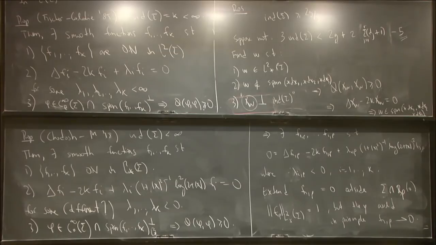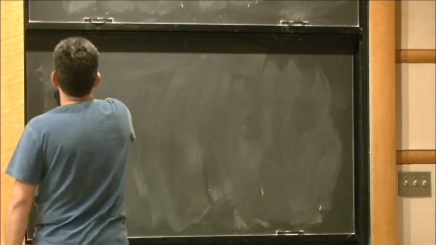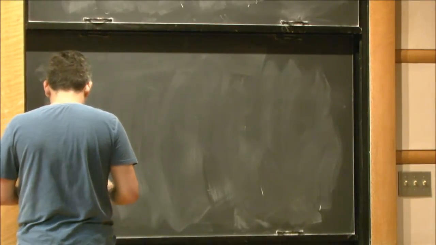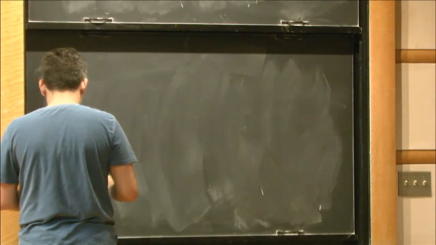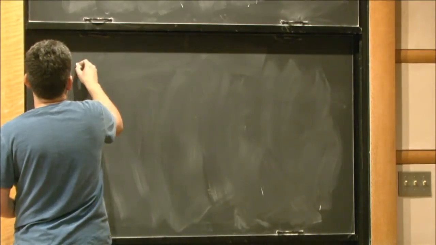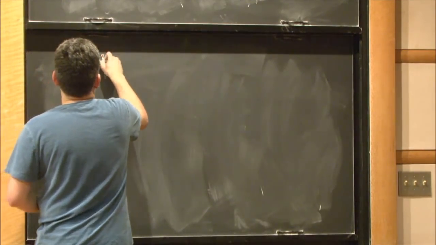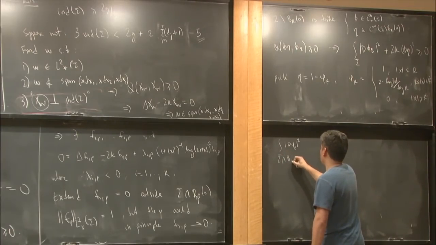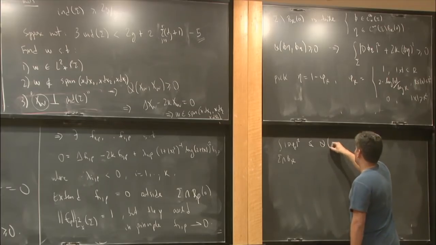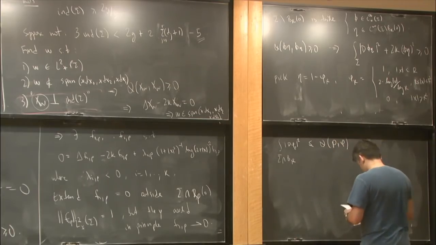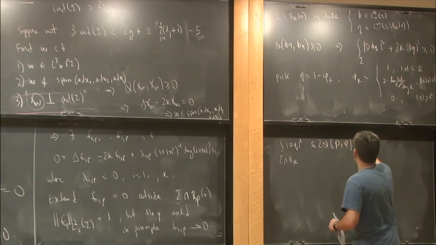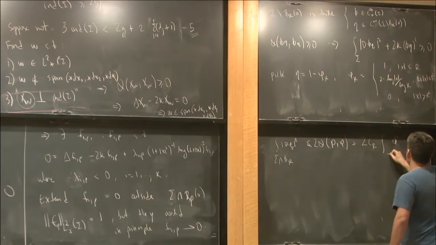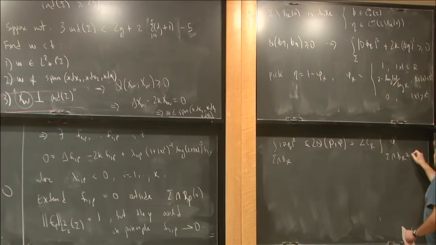So I get an expression like this: this here is less than or equal to 2 times, plus 2 times a constant, the integral of phi squared sigma r squared.